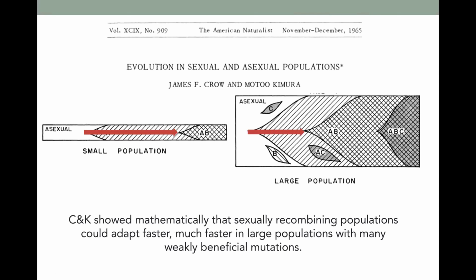What they showed mathematically was that sexually recombining populations could adapt faster, and actually a lot faster, especially if the population was large and mutations were weakly beneficial, because then there were a lot of mutations that would happen simultaneously and they would take a while to resolve. And so there was more interference and more mutations lost in an asexual large population.